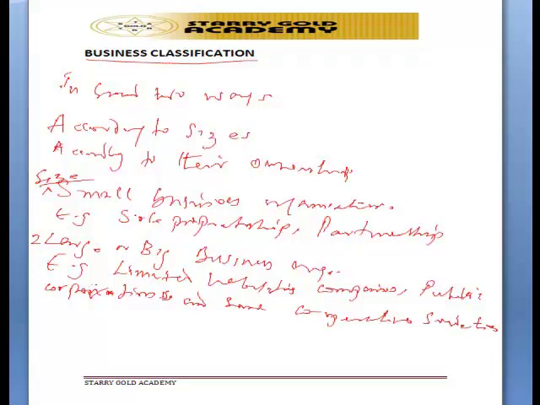So we are talking of classification according to ownership. Let's look at the ownership now. Under ownership, you have private business and public enterprises.